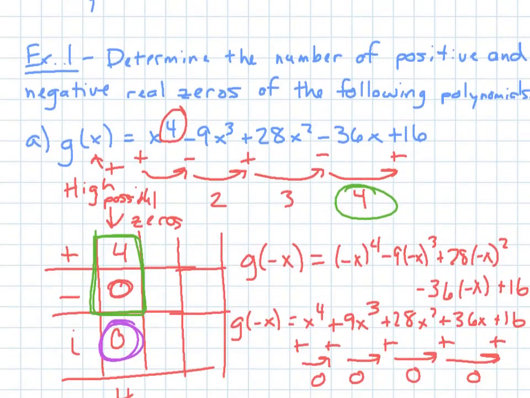So that means it could be less than this 4, because I'm just saying possible. I'm not saying for sure there's 4. I'm saying possibilities. So the highest amount it could be is 4, but it could be less.